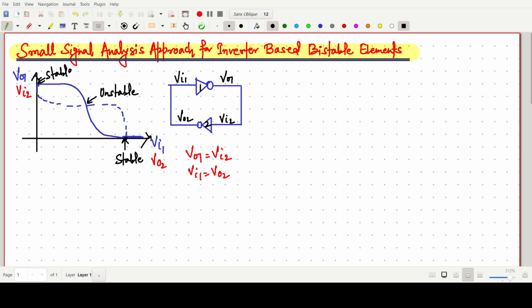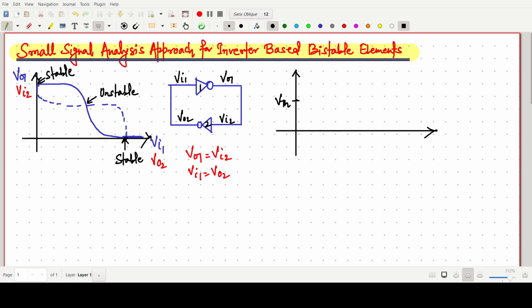So now in today's video we will try to think more about this through small signal analysis. For the small signal analysis, we first have to consider the inverter initially at the unstable operating point. So at one of the unstable operating points, I am saying it is at VTH.